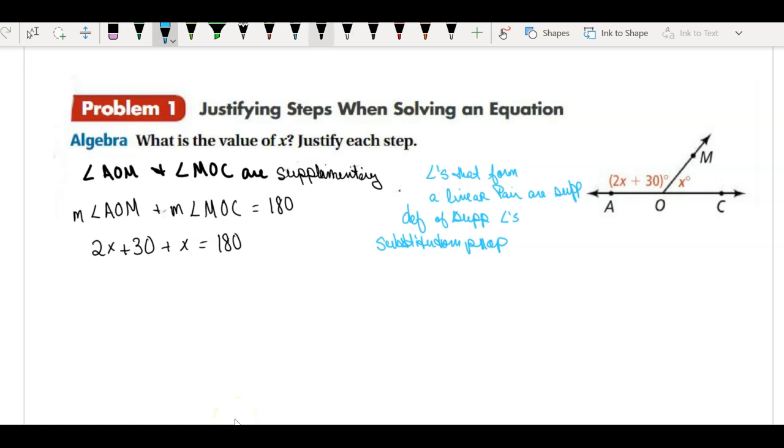Okay, so now my next step, I'm going to combine my like terms. So I end up with 3x plus 30 is equal to 180. And what did I do? I combined my like terms.